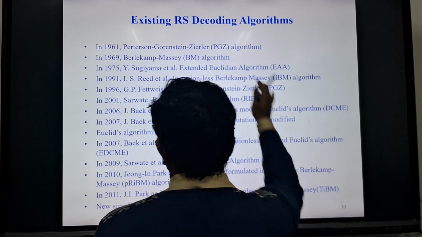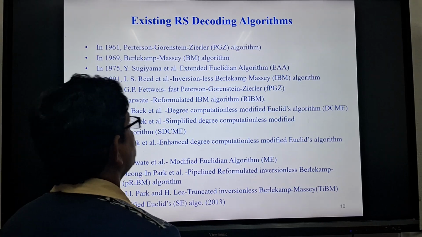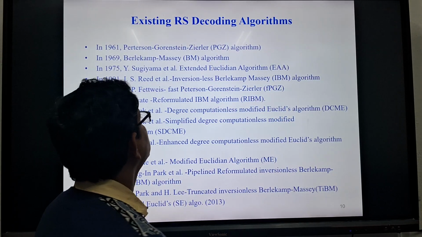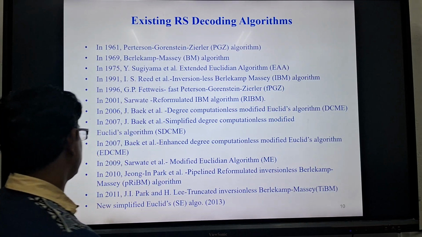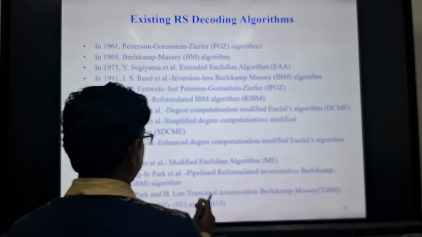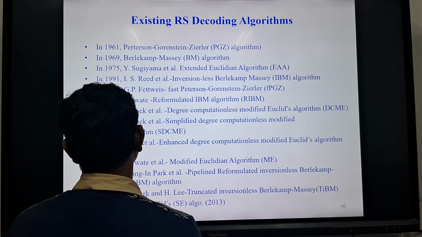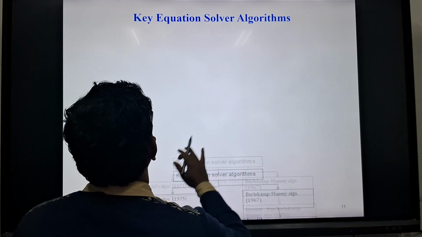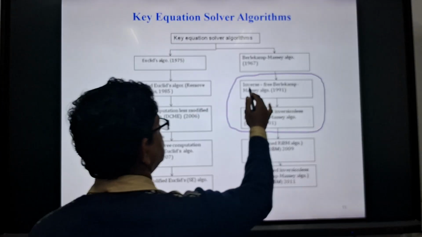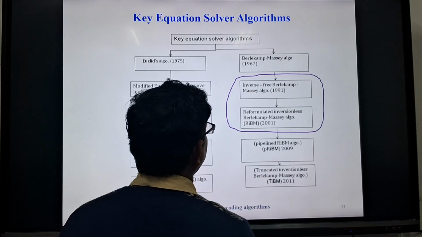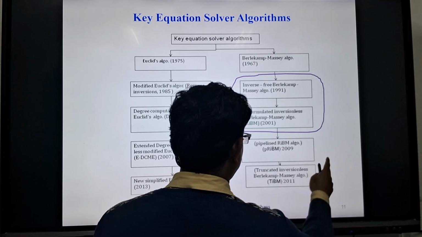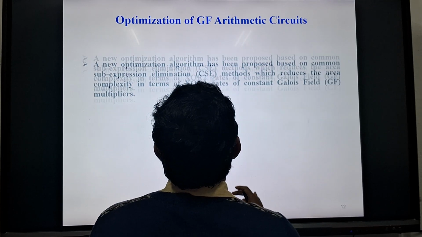There are a lot of decoding algorithms for solving the key equation, but in our work we focus on the modified RiBM algorithm. Our main research is focused on the inversionless Berlekamp-Massey BM algorithm and the RiBM algorithm.